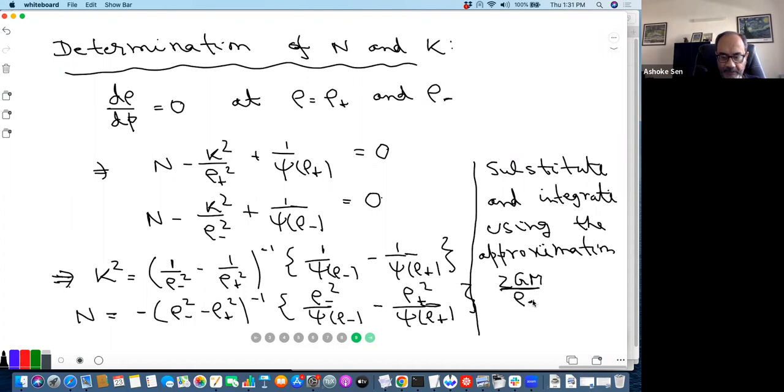Rho minus is the minimum value of rho, right? And this is again a valid approximation.